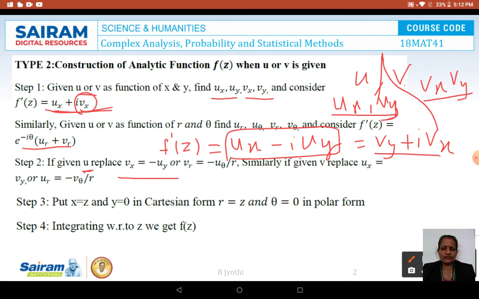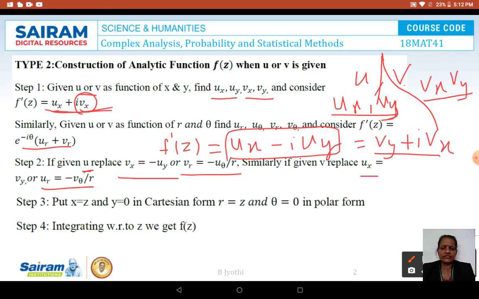Similarly, in the case of polar, if u is given, we have to replace vr with minus u theta by r. If v is given, ur is equal to minus v theta by r. So ux is vy in the Cartesian form and ur is minus v theta by r in the polar form.